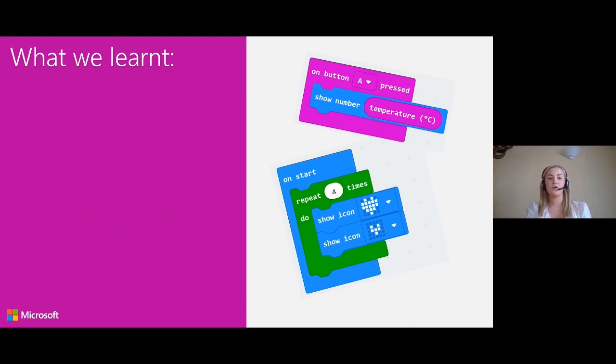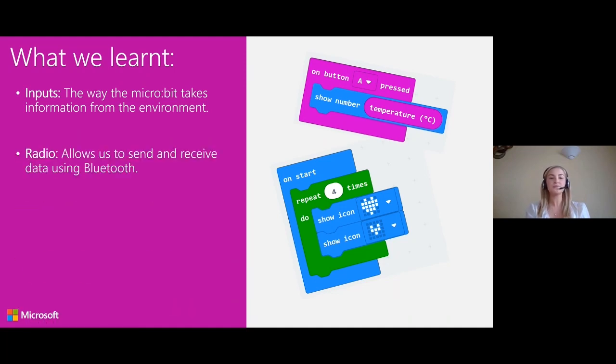Okay, so what did we learn today? Well, the first thing we learned about was inputs, and we've come across inputs before this webinar, okay? And inputs are the way in which the microbit can take in information from its environment. The next thing we covered today was radio, and radio allows us to send and receive data using Bluetooth.